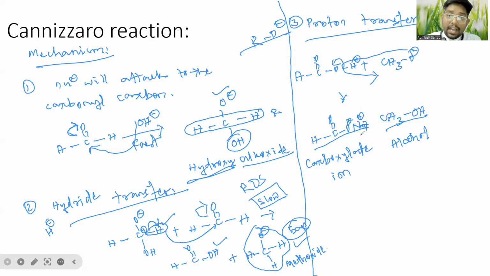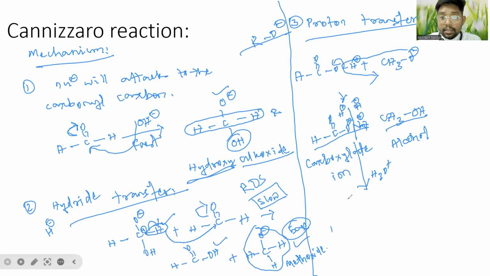Got it? Okay. Then again, if the examiner gives you H3O plus, meaning acidic hydrolysis, then in the presence of H3O plus this carboxylate ion will be converted into carboxylic acid. Generally hydrolysis means breaking in presence of water. As you know, it is in ionic state, so on this side H plus will come, and on this side OH minus.